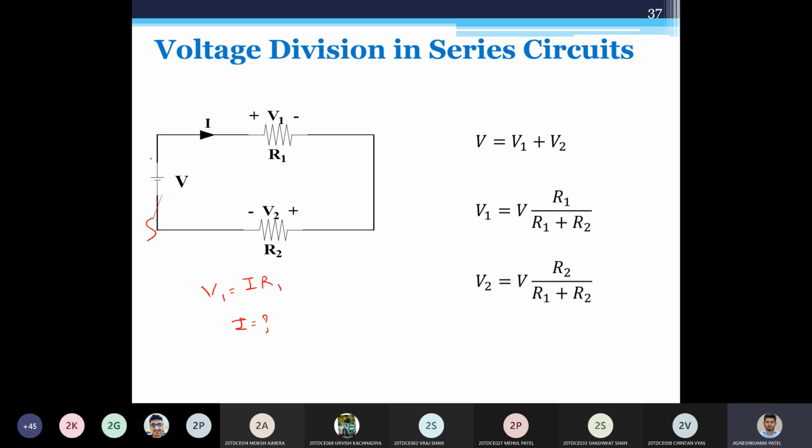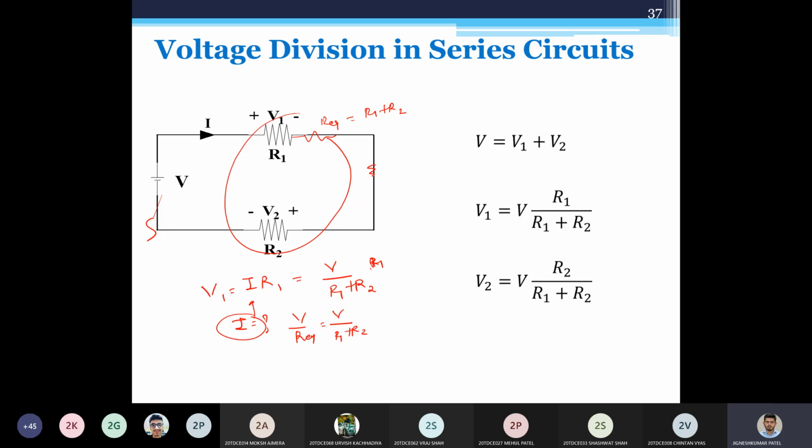From this overall circuit, if I consider this to be in series and place it as R equivalent, or R1 plus R2, then V is equal to IR, so my I would be V by R equivalent, and that is nothing but V by R1 plus R2. Now I'll put this I over here. So V1 is equal to V upon R1 plus R2, into R1. So this is how this equation works.